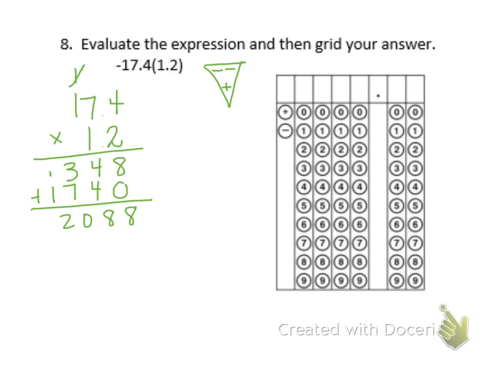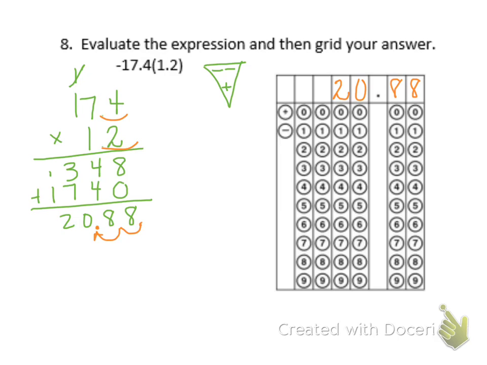So I get 2,088, but now I have to count my decimal places. Alright, so here's one decimal place. Here's one decimal place. So that's how many I have to move my decimal in my answer. 1, 2. So I get 20 and 88/100ths.